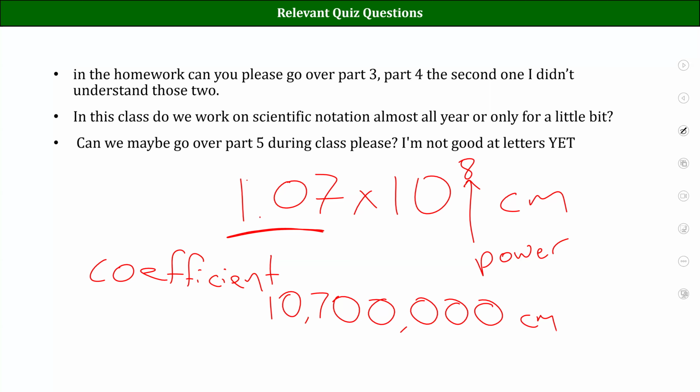If you have a negative exponent, 10 to the minus 4 is a small number. So whatever the rest of this is, I know that the overall thing is going to be a small number, right?